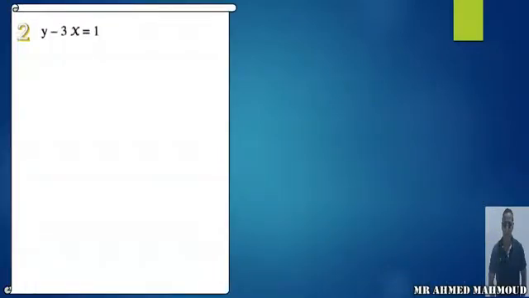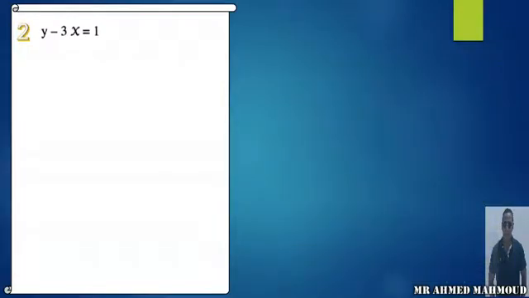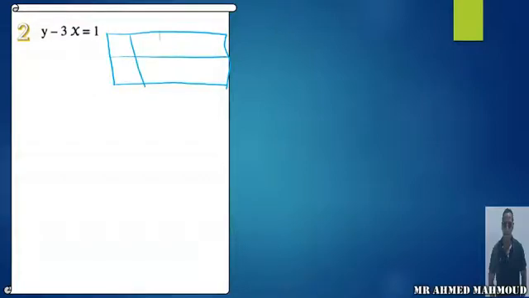Here number 2, y minus 3x equals 1. First I will write the table. Here x and here y. In place of x, 0, 1 and 2.